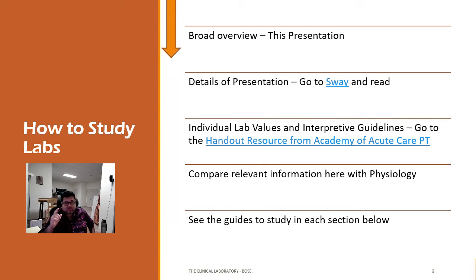I do urge you to consider comparing these lab values to the relevant sections of physiology to help build your construct of how physiology alterations go step in step with the lab value alteration, because that's how we know physiology is altered. And additionally, to help you along, I have given you the guides to what exactly you should focus on in each one of these major lab value sections that we discuss below.